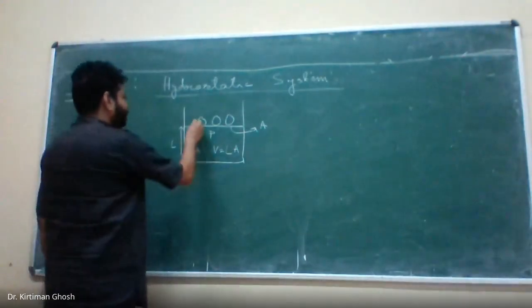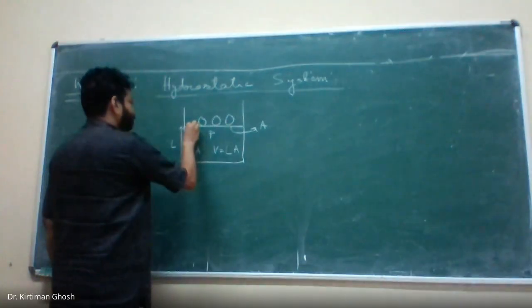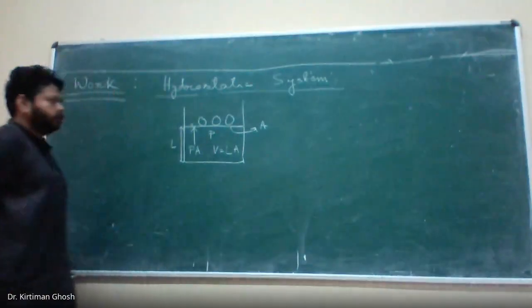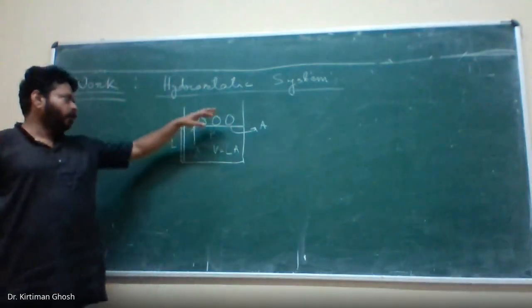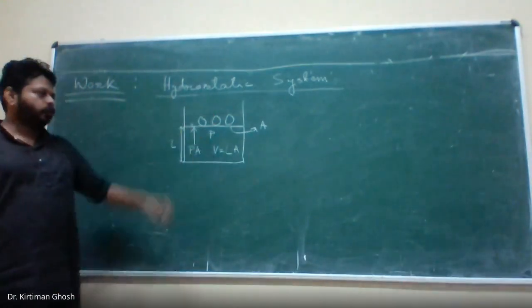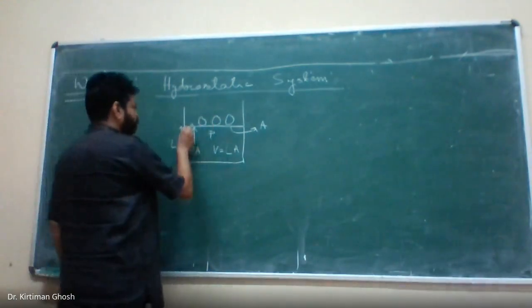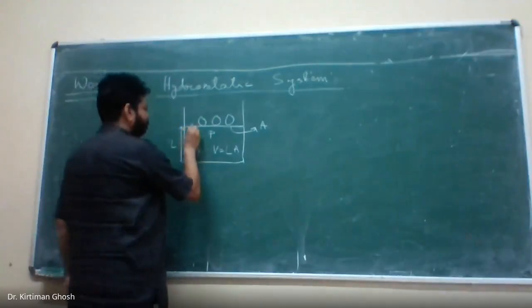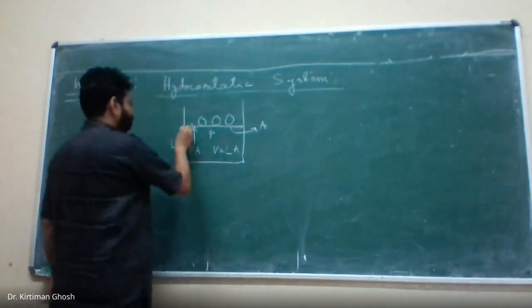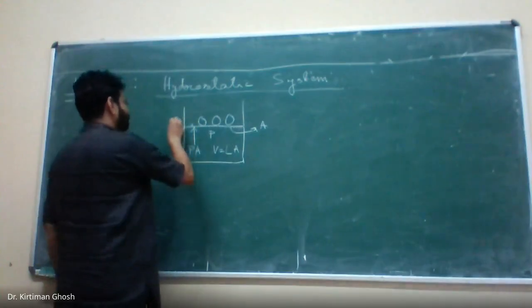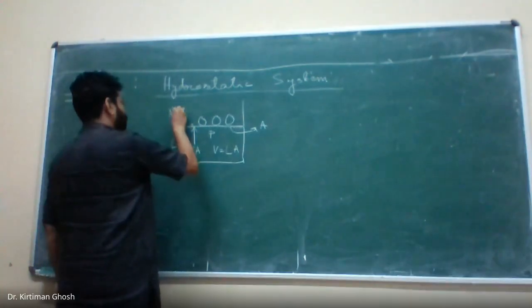Now I put an infinitesimal amount of weight here, a very small amount of weight. Then what will happen? There will be an imbalance of external and internal force, and the piston will come down. Let us assume that the displacement is delta x.